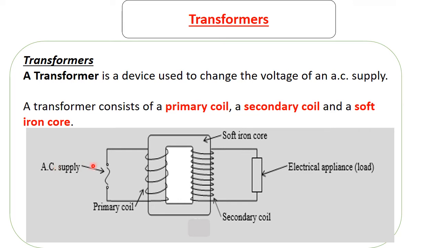So why AC? AC changes direction many times, like I said. So in the first scenario, let's assume the current is moving like this. When current is moving like this, if you use Fleming's right hand rule, maybe you can find that your north is going to be somewhere here and your south is going to be somewhere here.